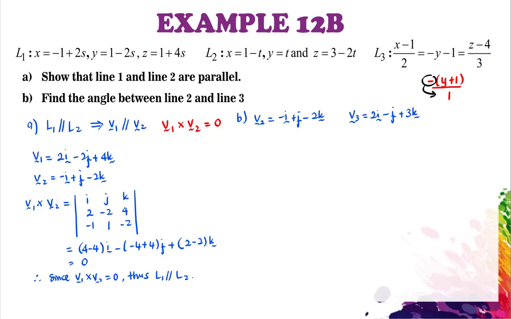Next you have to find the magnitude for both vectors. For the magnitude of v2 we get square root of 6. And then the magnitude of v3 we're going to have equal to square root of 14. Then find the dot product of v2 and v3.